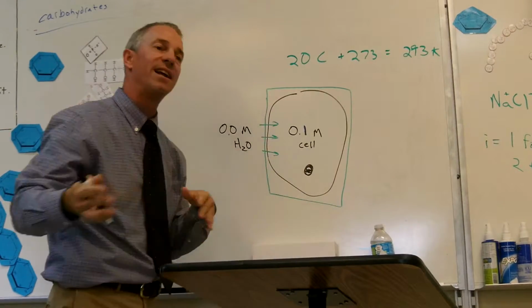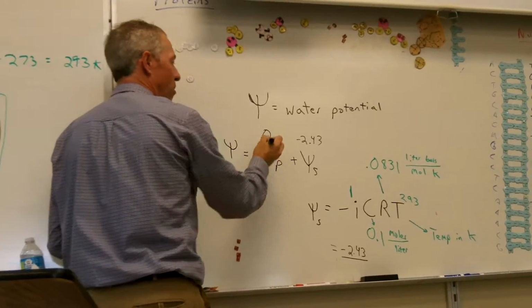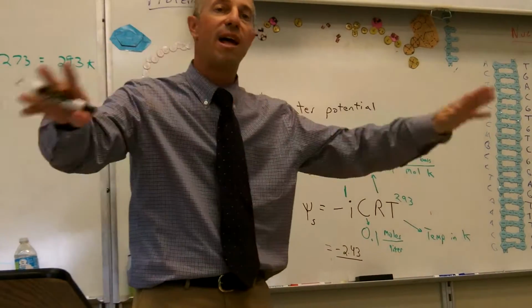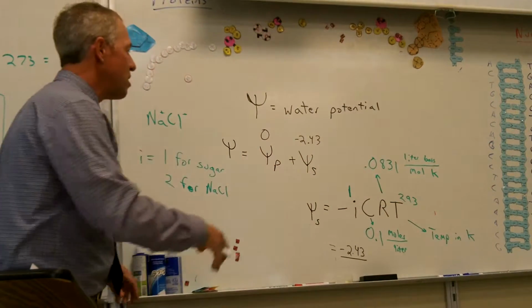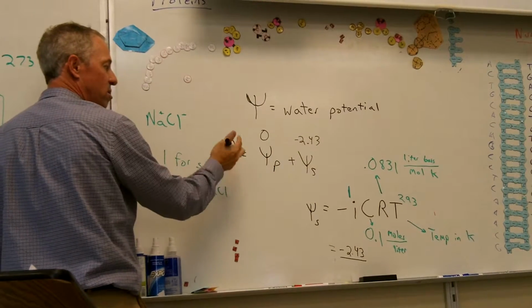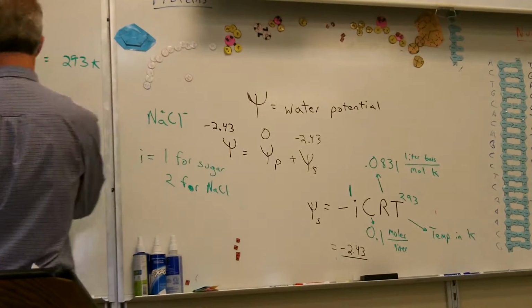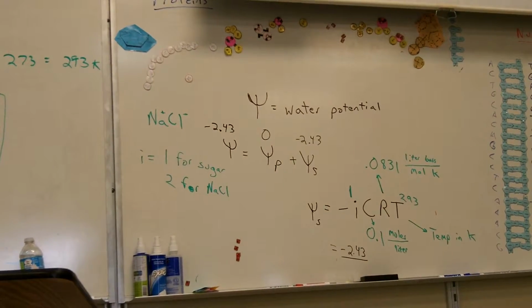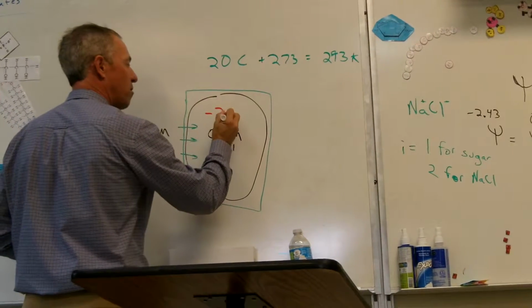The cell is just operating at normal conditions, so our pressure potential will be 0. So we just add those two together, and what is our result? Negative 2.43. That is the water potential inside the cell.